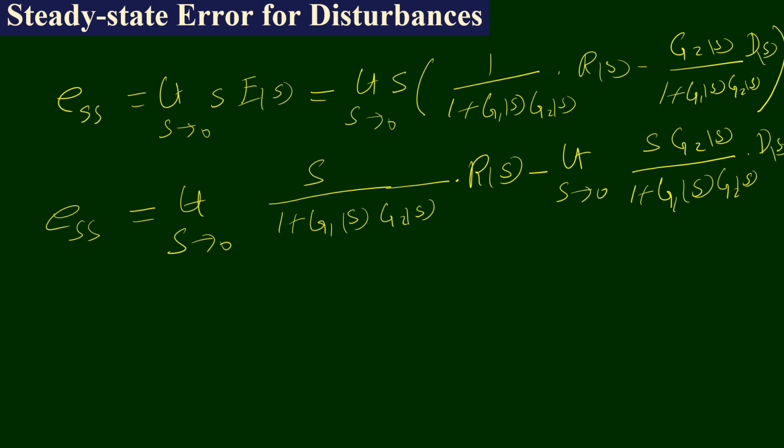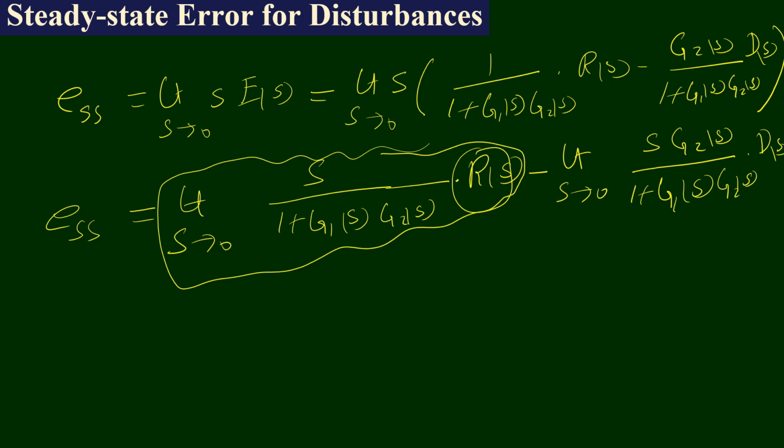Now it is very easy to see that this is the steady state error because of the reference input R(s), and this is the steady state error because of the input D(s). A little bit more detail we will study in the next slides.